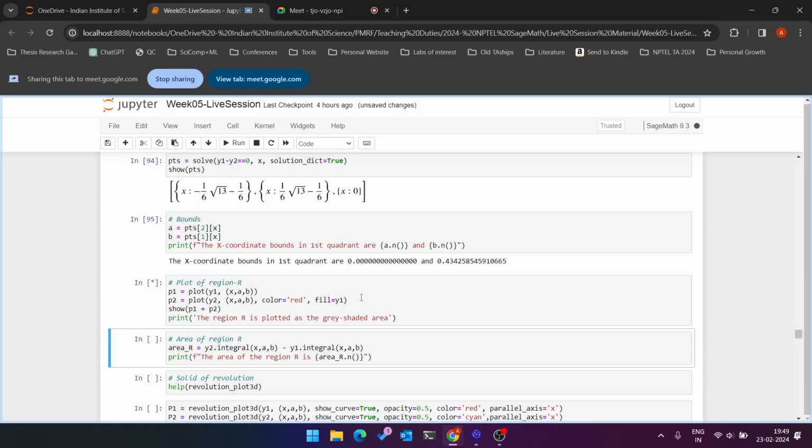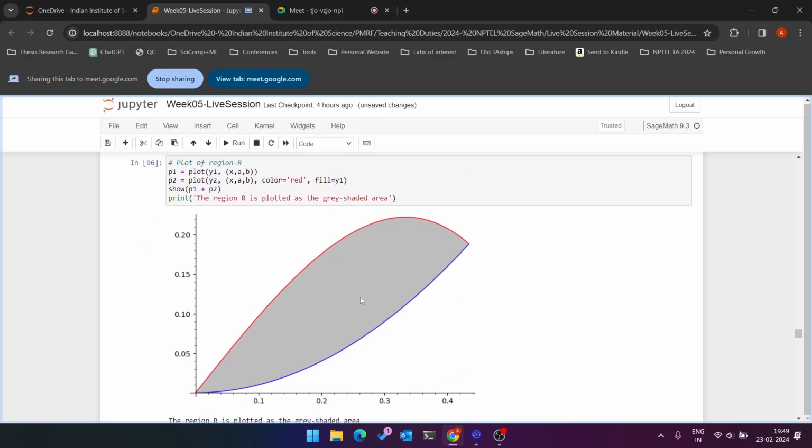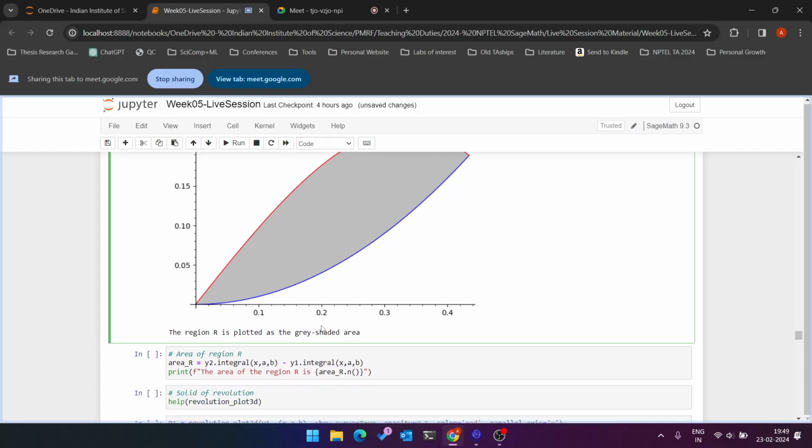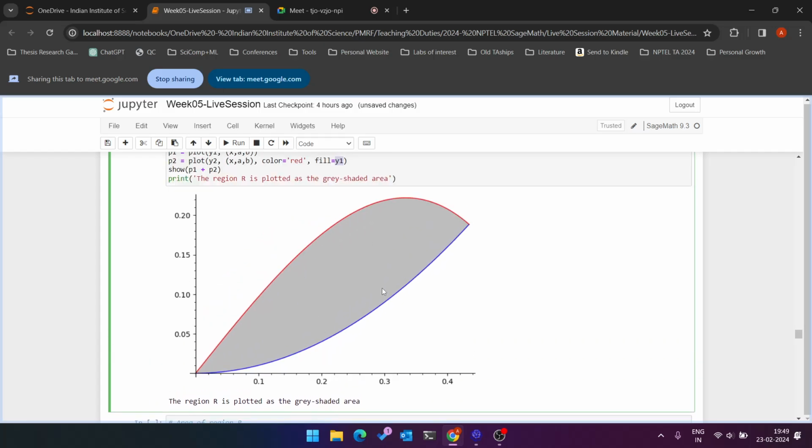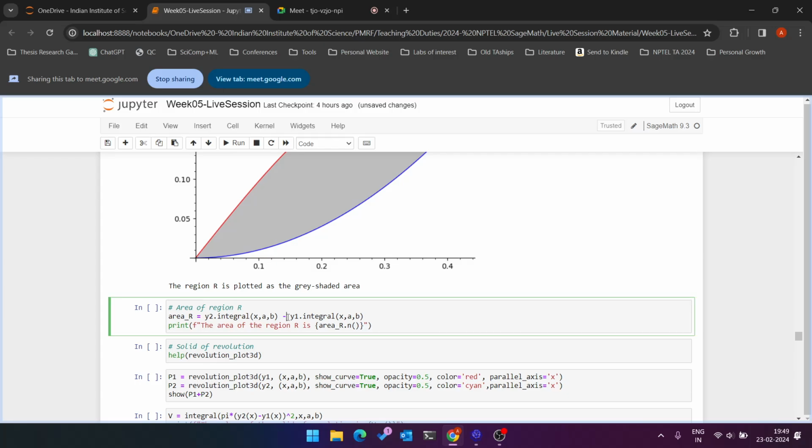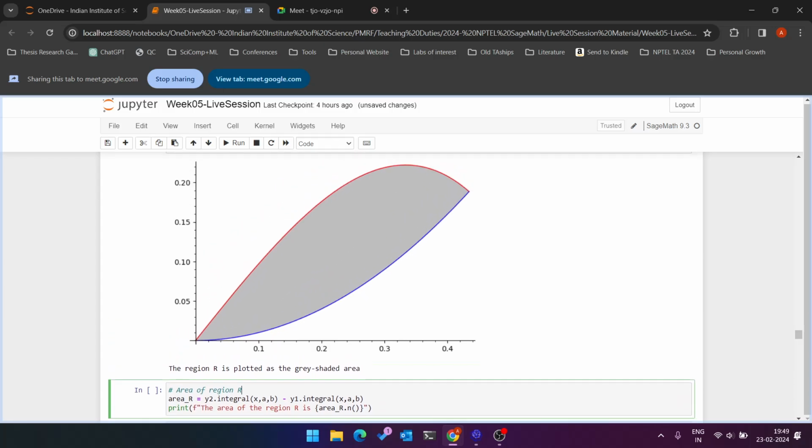Now I'll go and plot this region again. What does this region look like? While plotting, I'm plotting y1 as it is, but for y2, I'm filling it up to y1. That creates the shaded area, which is our region R. And now I wish to evaluate its area.